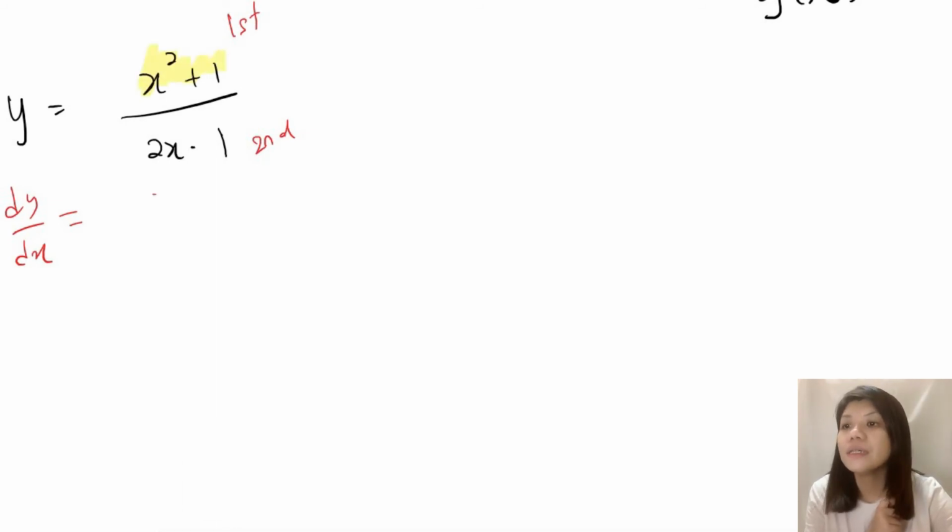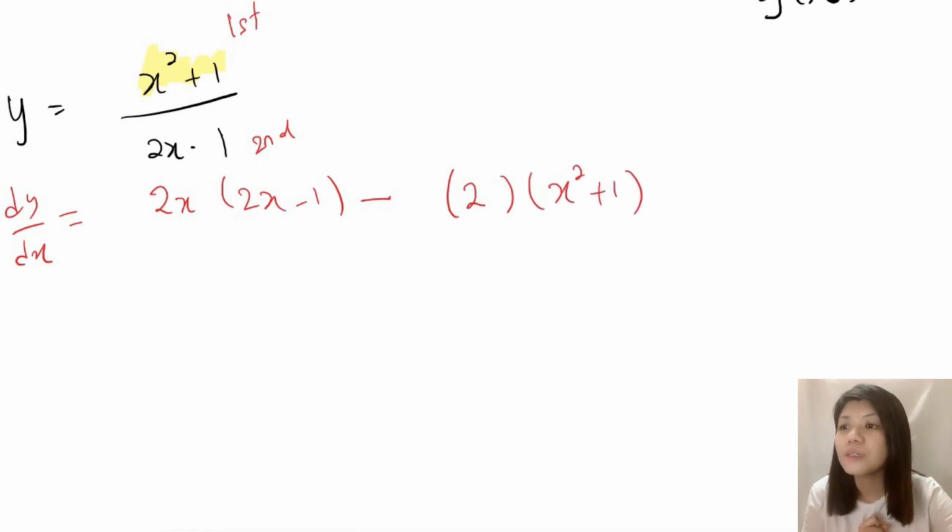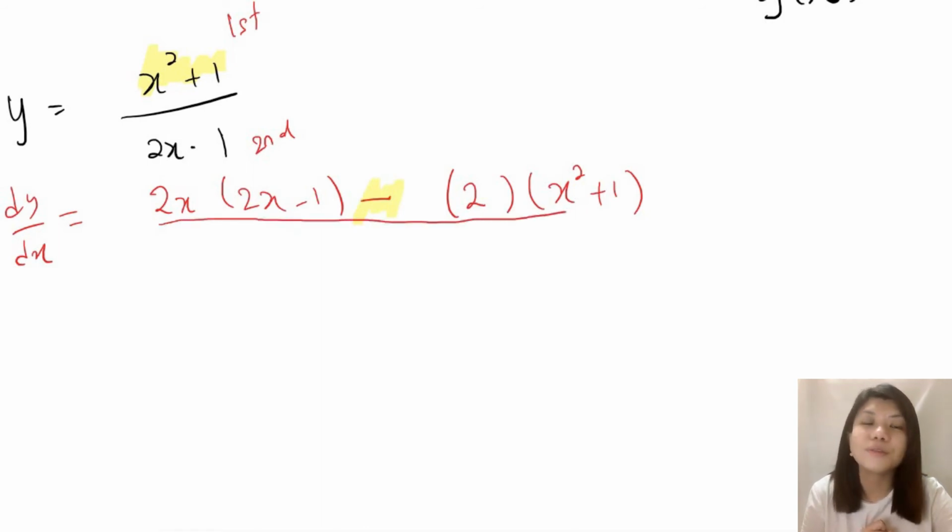Then you do the differentiation for the second part and multiply with the first part. But that's not the end, because you have to divide everything by the second part squared. Definitely looks more complicated when we talk about fractions.